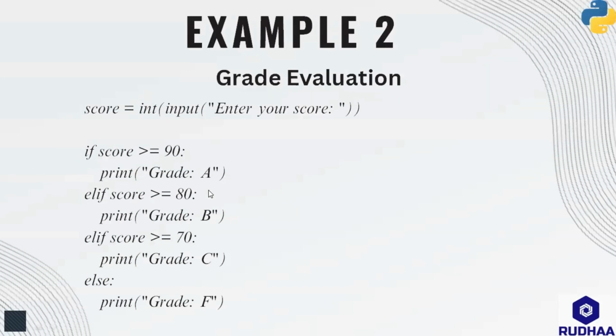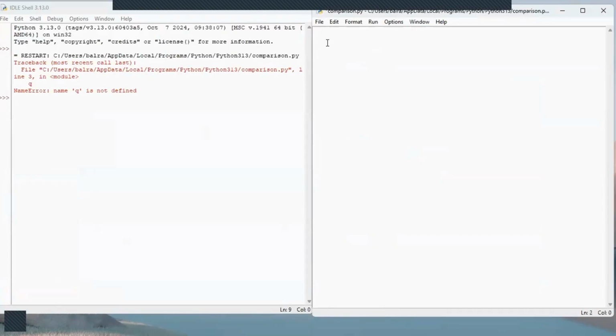So we can see the working of this program here in a Python editor. I'm getting the mark equal to integer input of enter the mark.